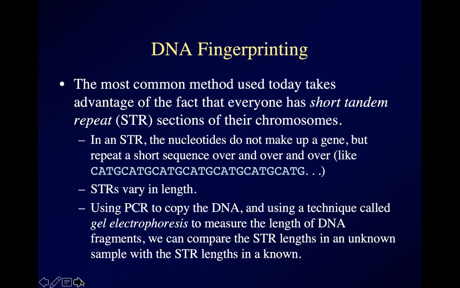Gel electrophoresis is basically just a way of measuring the size of a piece of DNA, measuring how long it is. And we can use gel electrophoresis to compare the STR lengths in an unknown sample with the STR lengths in a known sample.